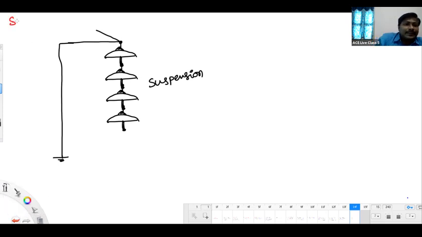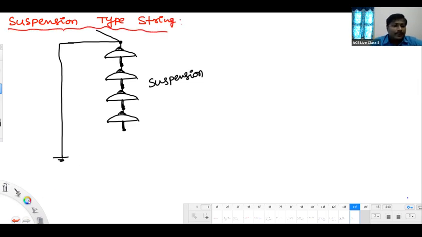And this you can sometimes call a suspension type string. You can take that heading: suspension type string. At the bottom end of this, we will be having a clamp, and the power conductor.